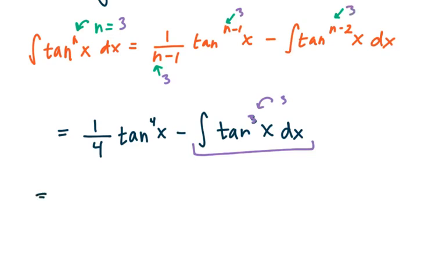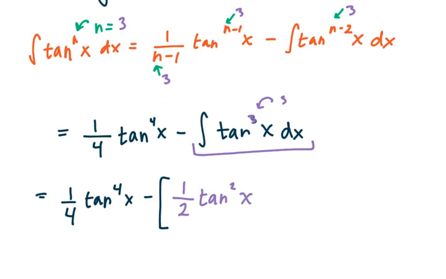So the first part will remain. I have 1/4 tangent to the fourth of x minus. And so what will we get for this second piece? I'll get 1 over 3 minus 1, which is 2, tangent 3 minus 1, tangent squared of x, minus the integral of tangent, 3 minus 2 is the first power of x dx.